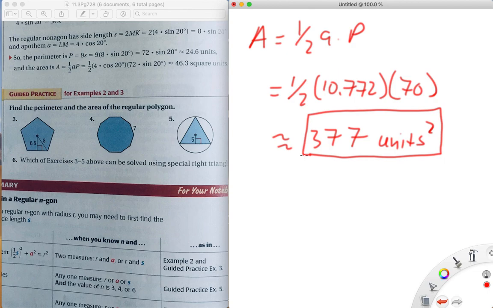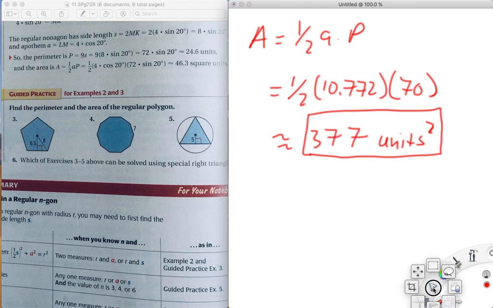I knew that half of the side was opposite of the 18 degrees, and I knew that the apothem was adjacent to 18 degrees, so I did tangent of 18 degrees is equal to 3.5 over the adjacent side, and I did some algebra, and I got that the apothem was 10.772. Then I plugged that into my area equation, and I got that the area was 377 units squared.